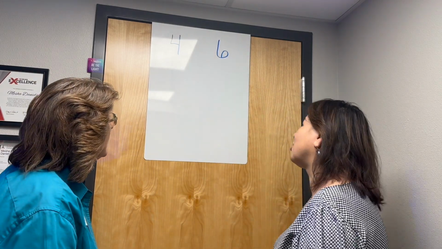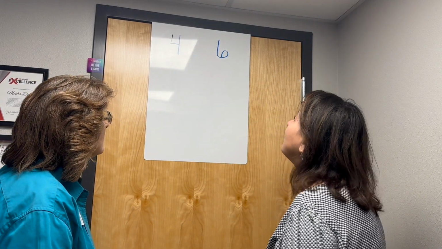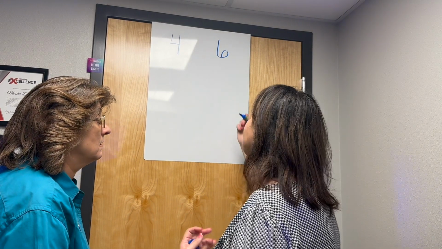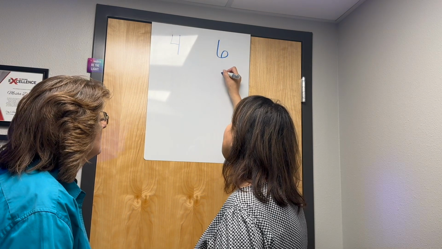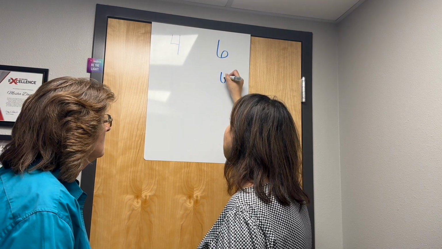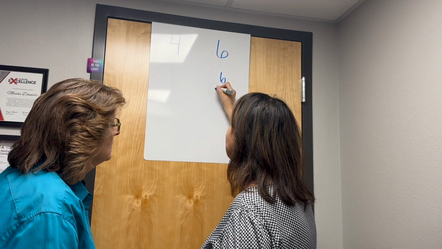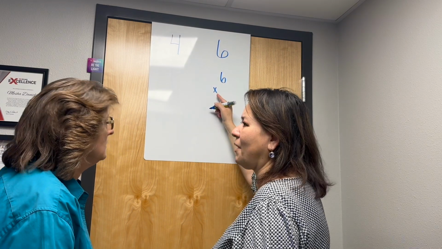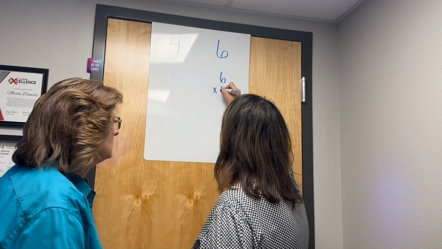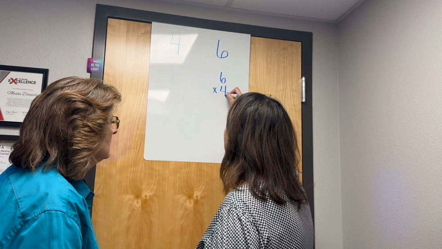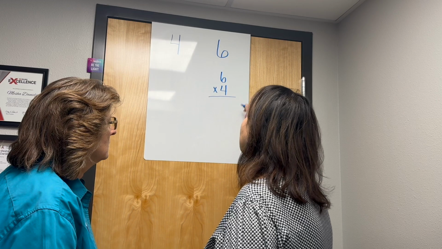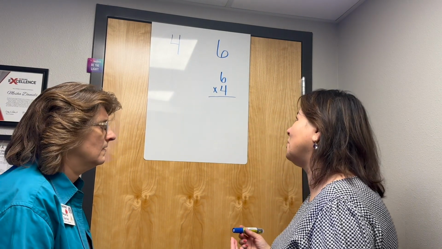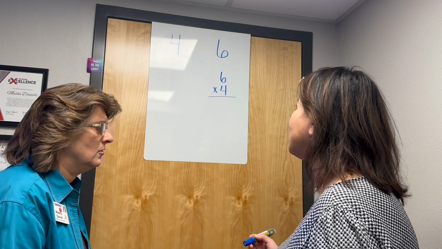I'm not sure, but I guess the big number on the top and multiply. That's multiplication, right? Yes. And then the 4. I'm just really confused about this.